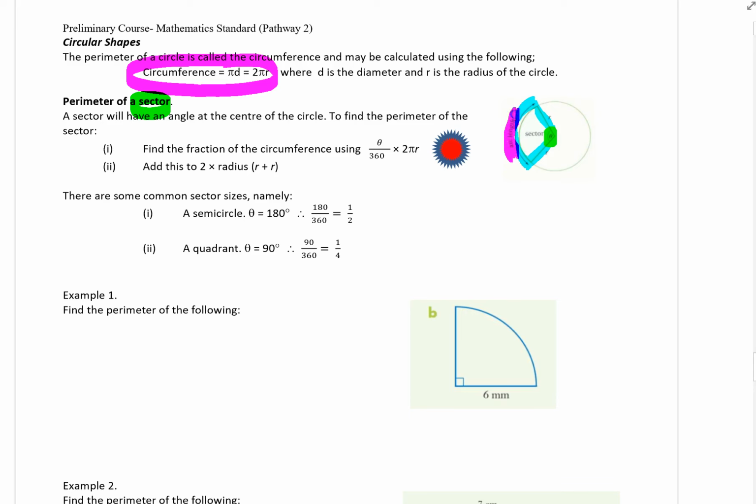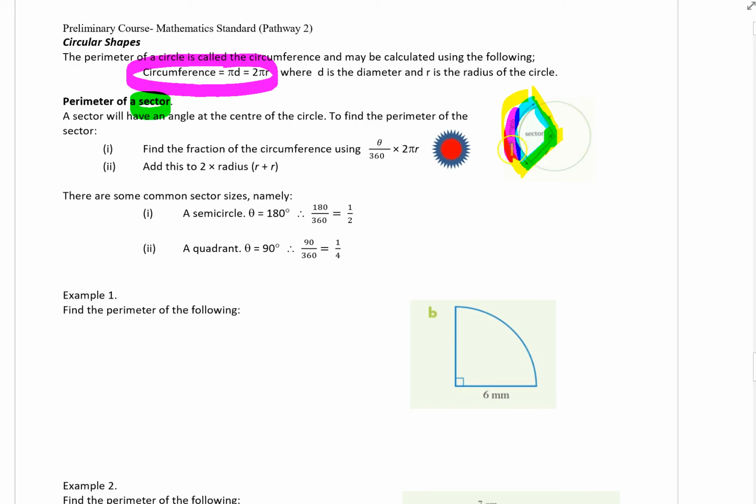The curved bit is called the arc length. For the perimeter of this sector, we would then have the straight sides as well. So we would have our arc, this straight side and that straight side. So I would be adding together 3 things in total.